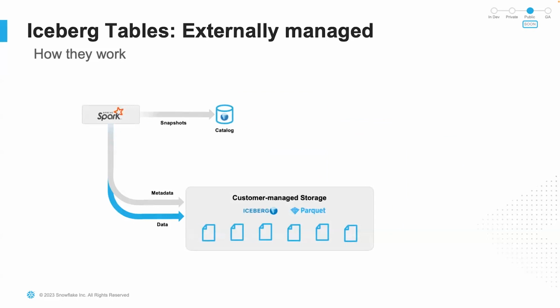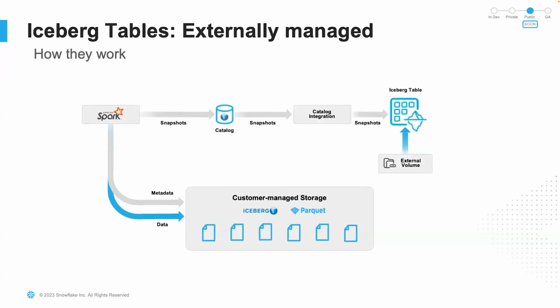With externally managed tables, something else is writing that Parquet data, some other engine is generating that Iceberg metadata. So in this case, we have Apache Spark writing data, writing metadata to a cloud storage account. There is an external catalog implementation that Spark is using. Those metadata snapshots can be consumed through the catalog integration object that is configured in your Snowflake instance.